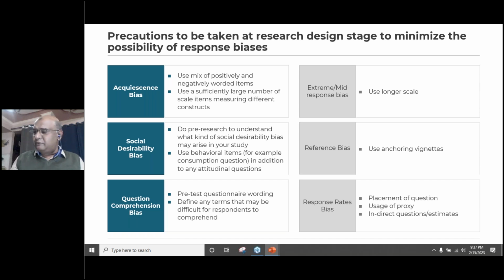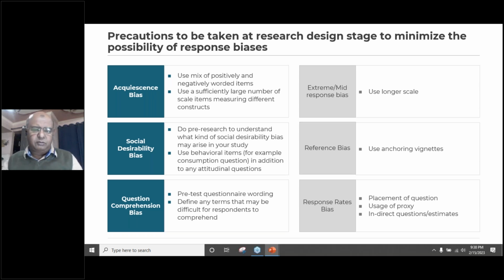And that is because if we do it a sufficiently large number of times, and we find that people respond positively irrespective of the content of the item, then they're either being inattentive, and we would like to rule them out through standard deviation checks that we usually use in surveys, or if it's an online survey and they have crossed the standard deviation check, then we have some suspicions of acquiescence bias, because they're saying that they take care of their health, that's their attitude, and they do not mind having fast food outside 3 times a week or 5 times a week.